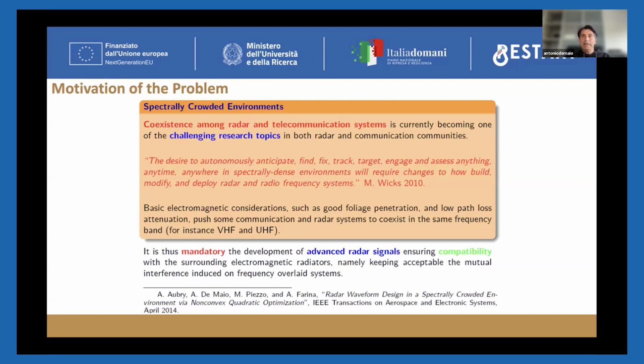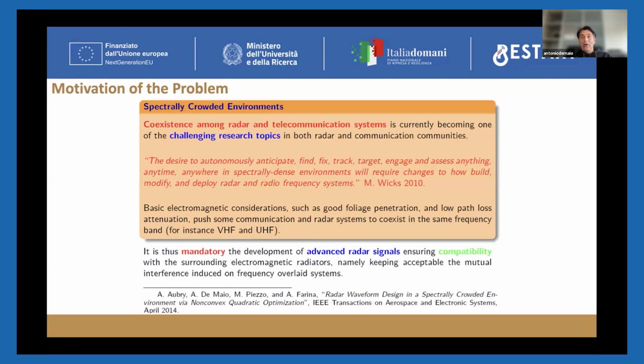And he claimed that the desire to autonomously anticipate, find, fix, track, target, engage, and assess anything, anytime, anywhere in a spectrally dense environment will require changes on how to build, modify, and deploy radar and radio frequency systems.